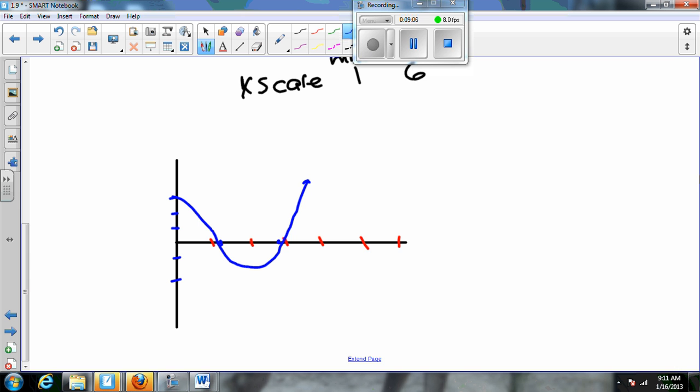And then you can use your tools on your graphing calculator to find the zeros. And we'll see that x comes out to be 2.8 and 3.72.